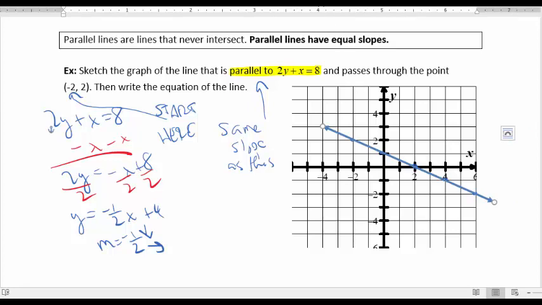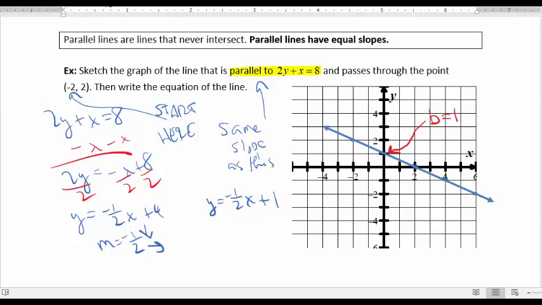So we graphed it, and now we should be able to see from the graph, this is again one of those nice cases where we got the y-intercept as a nice integer value of 1. So we knew the slope was negative 1/2 and the y-intercept was 1. So the equation of that line is just going to be y equals negative 1/2 x plus 1.